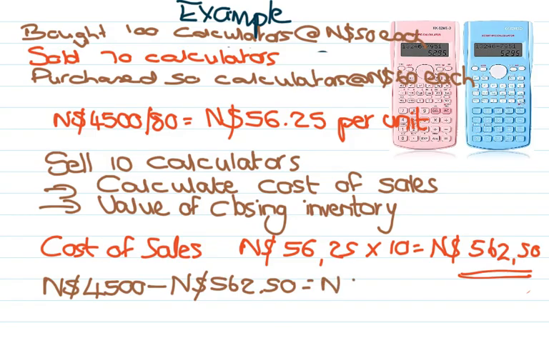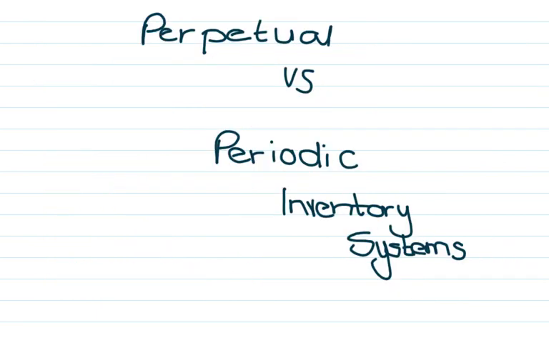So I have left in my stock 3,937.50. Alright, so this is the weighted average. We will do another example in class, but this is just to give you some sort of idea of how you will do the weighted average method.